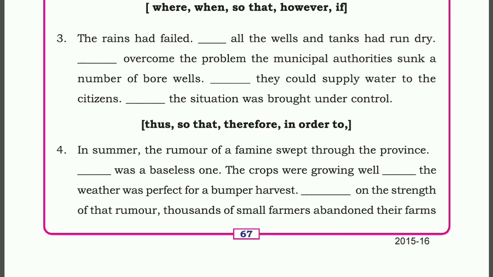So let's complete this paragraph with the right linkers. In summer, the rumor of a famine swept through the province, which was a baseless one. The crops were growing well because the weather was perfect for a bumper harvest. So we have to understand that while reading, right?